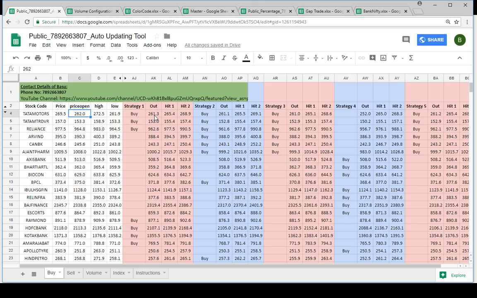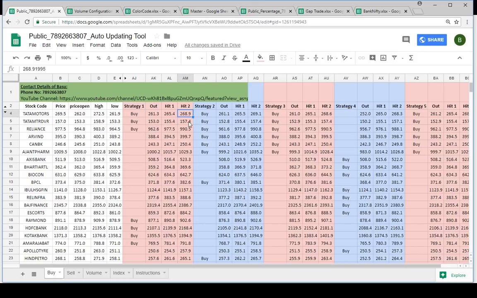Accepting that, you have to come out. And hit 1 and hit 2 are the targets for the stock to reach after reaching a certain value. As per this, 265 is the first target for Tata Motors, and 269, and it has reached both the targets.